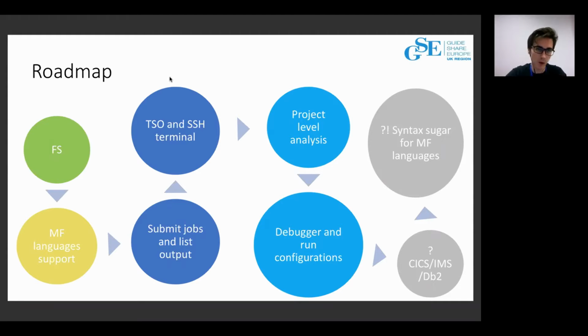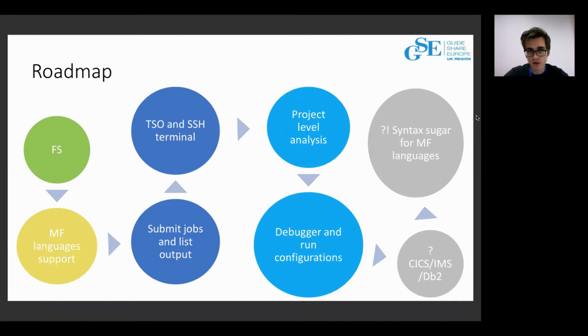Then with blue, we marked our near future plans. We're planning to add a feature to select a member or a sequential data set and submit a job on the mainframe, and to list the output and filter it. The outputs will be presented as SDSF on the mainframe, but with better UX and UI.